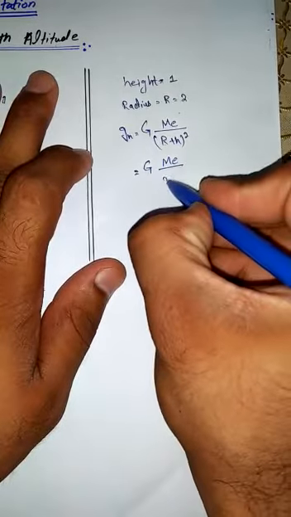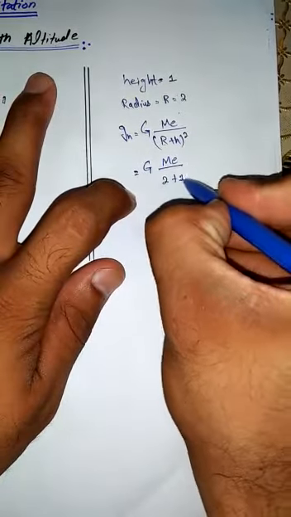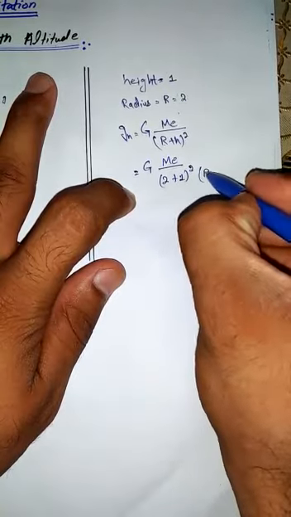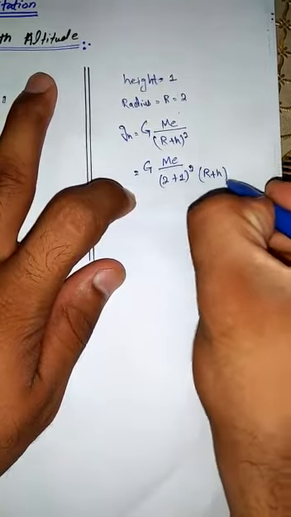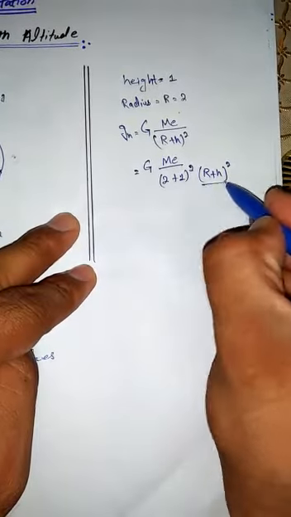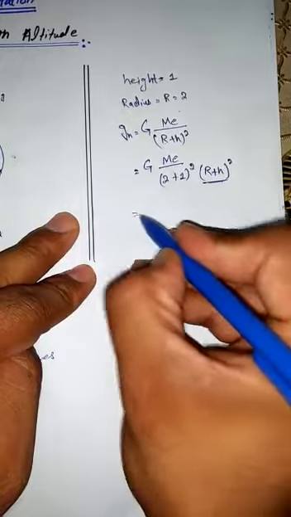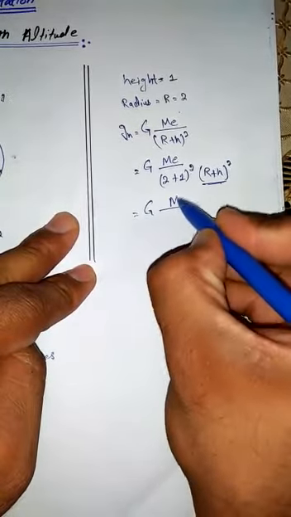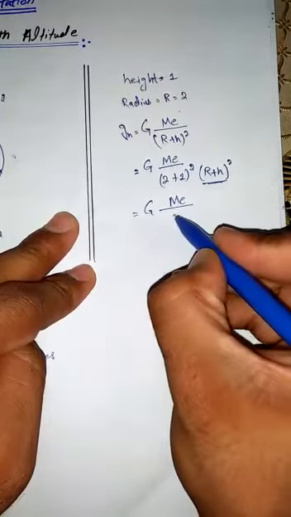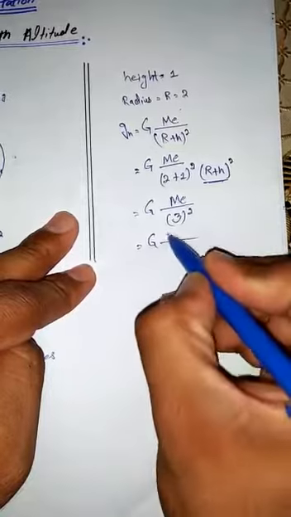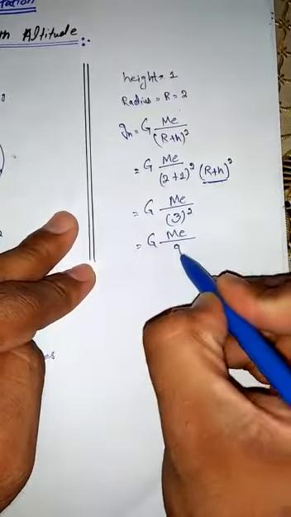Me over r, where r is equal to 2 plus h equal to 1, that is equal to 3. We can take the constants to the other side, or put them at the last, for the completion of the formula. So g is equal to Me over 2 plus 1, 3 whole square, which is Me over 9.